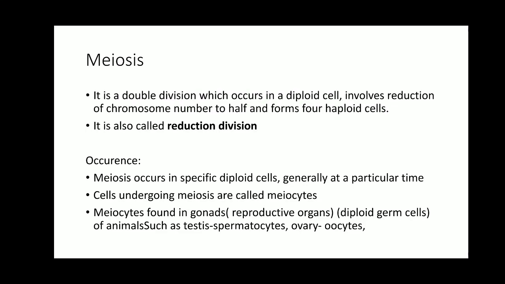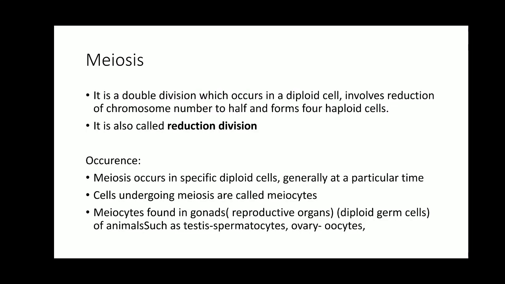This diploid number of chromosomes is reduced to the haploid number in animals as well as in plants. In animals, the testis, which is a male reproductive organ, produces spermatocytes, and spermatocytes undergo meiosis, that is spermatogenesis, to form the sperms.